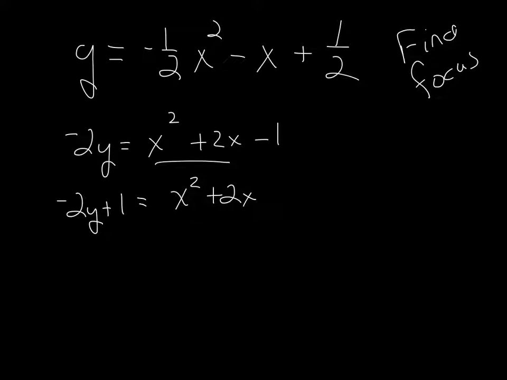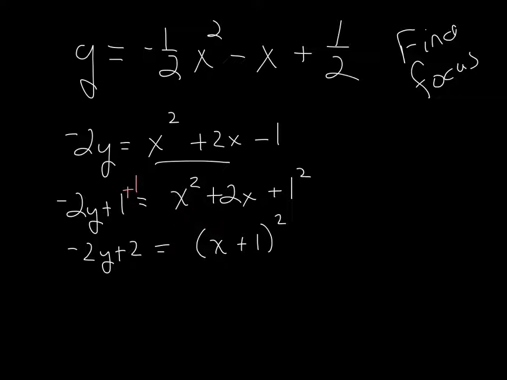Half of 2 is 1, and we square that, and we add that to both sides. So I've got to add a 1 here. Now we have negative 2y plus 2, and this becomes x plus 1 squared.